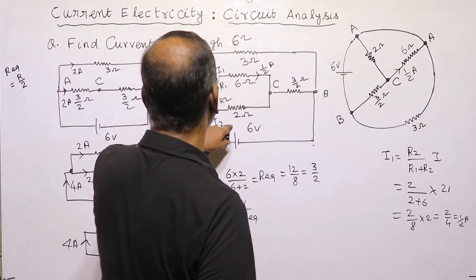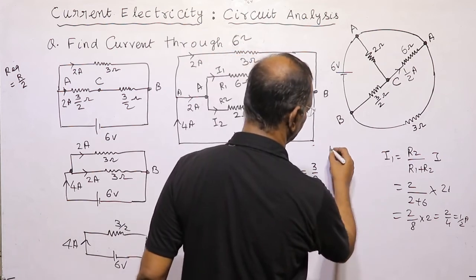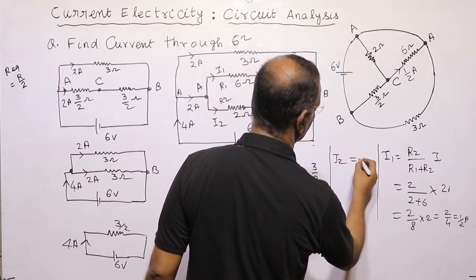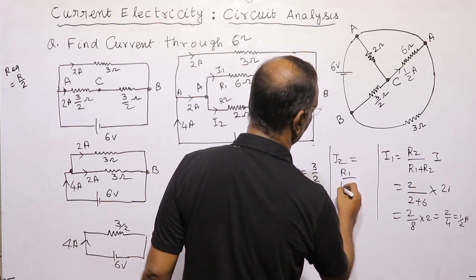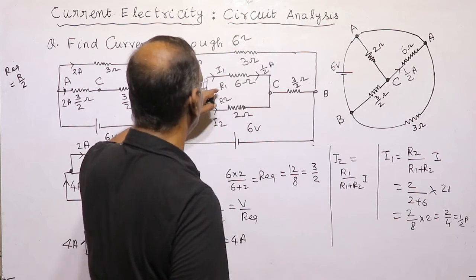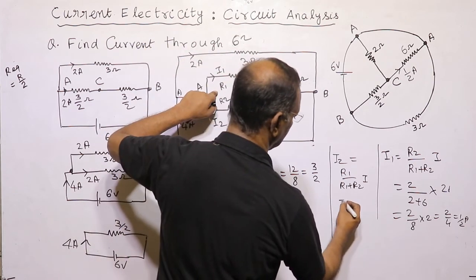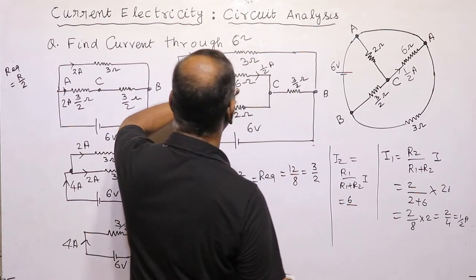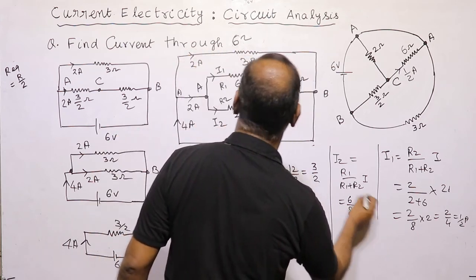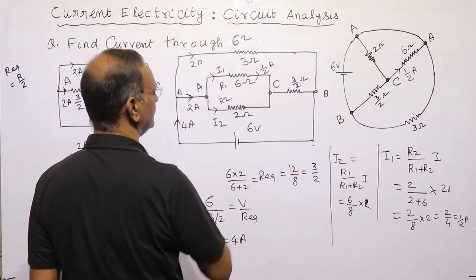What about the current through this one? Let us calculate I2 also. I2, as told, is equal to R1 by R1 plus R2 into the net current. R1 is 6, and 6 plus 2 is equal to 8, into the net current flowing across this, which is 2.